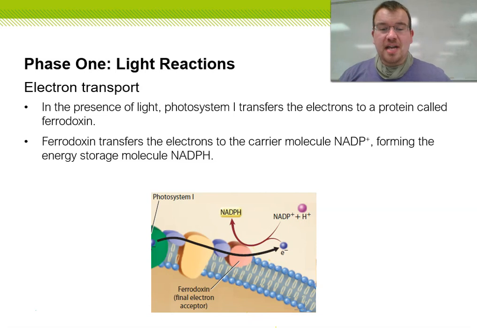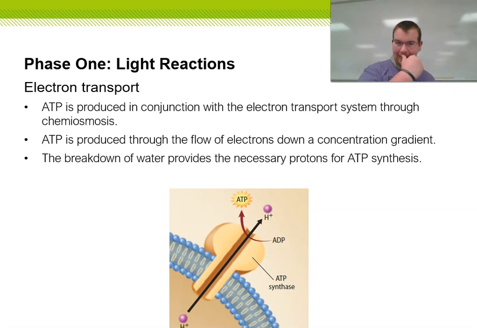And the ferredoxin transfers the electron to the carrier molecule NADP+, forming the energy molecule NADPH. So NADP plus hydrogen ion come together with electron to form NADPH, which stores energy.